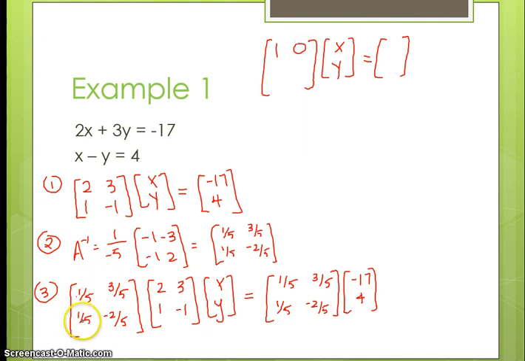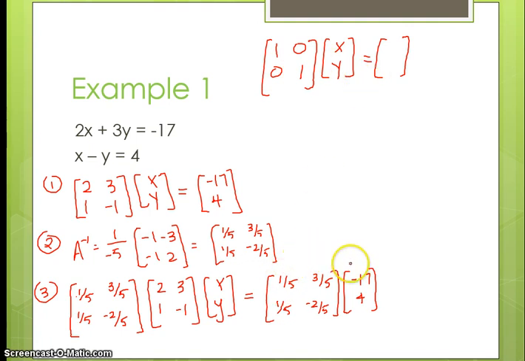For the second row, I have 2/5 minus 2/5, which is 0. And then 3/5 plus 2/5, which would be 1, which is my identity matrix. So when I multiply it by xy, it's just going to cancel out.